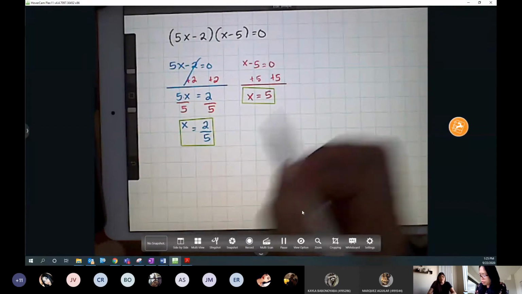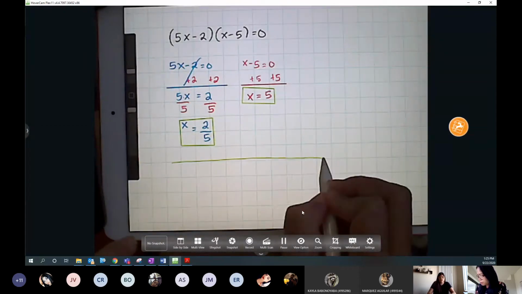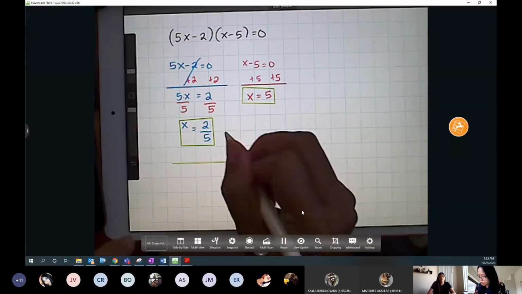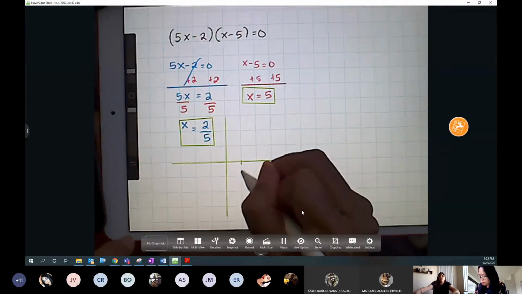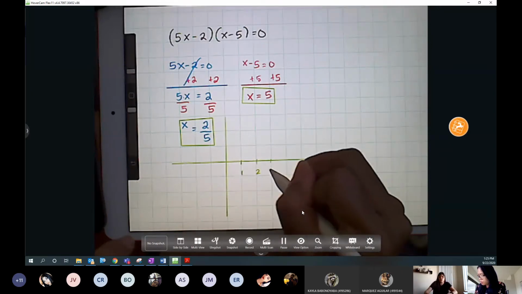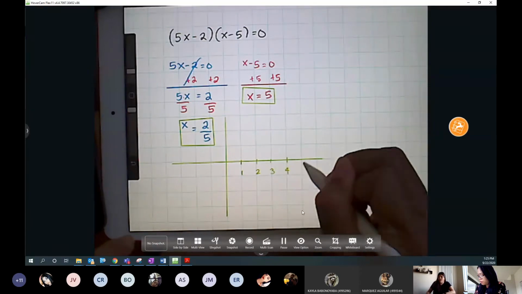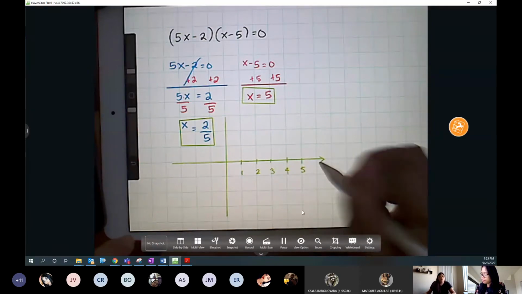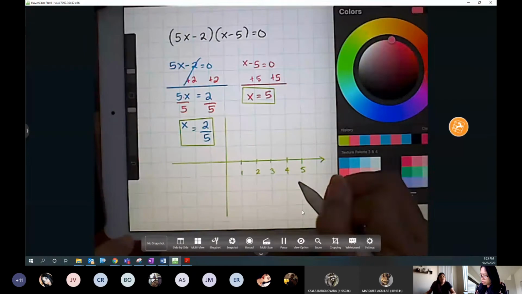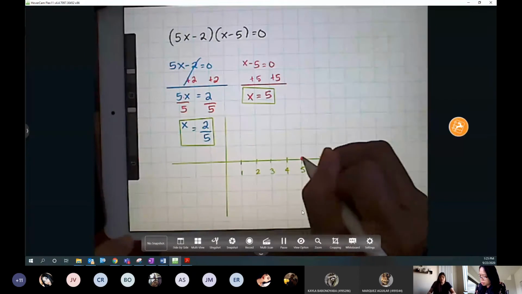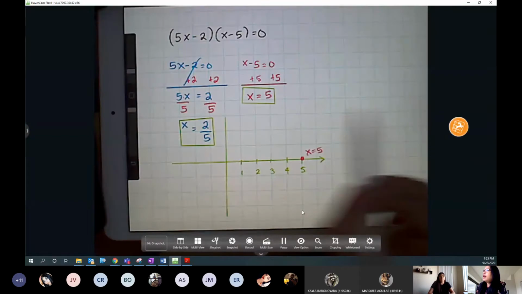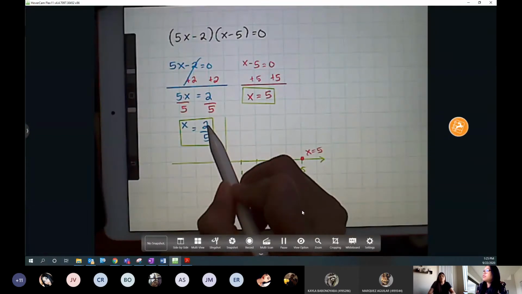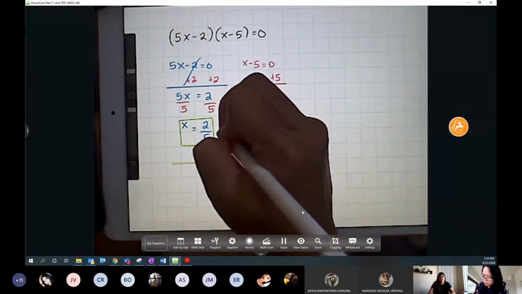So when we graph it, one, 2, 3, 4, and 5. Okay, so the 5 is going to be here because it's a whole number. Okay, and the fraction 2/5 is 40 cents.